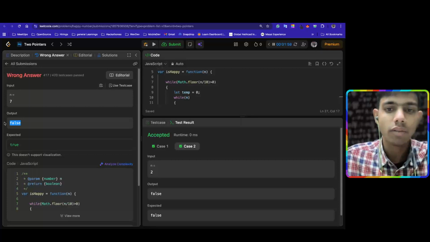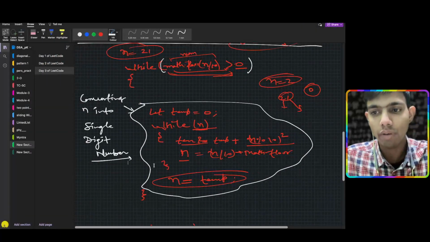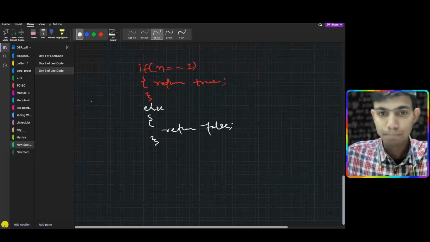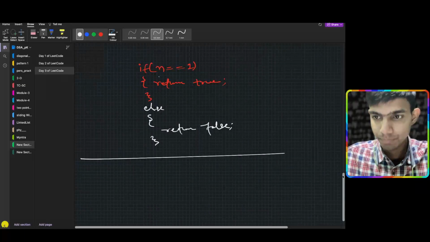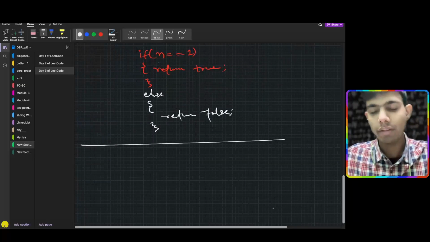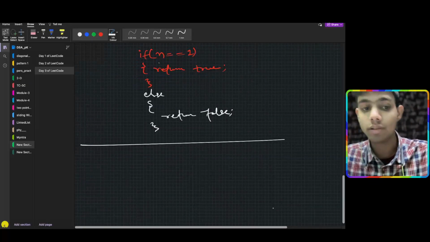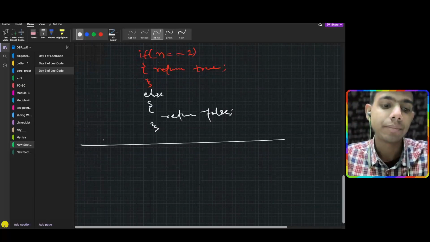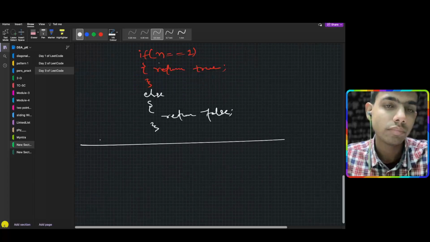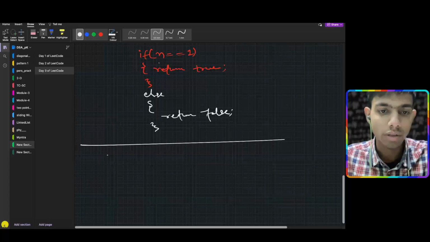Okay, I think I am thinking in the wrong way guys. I was thinking that if it's a single digit number and it's not 1, we need to return false.